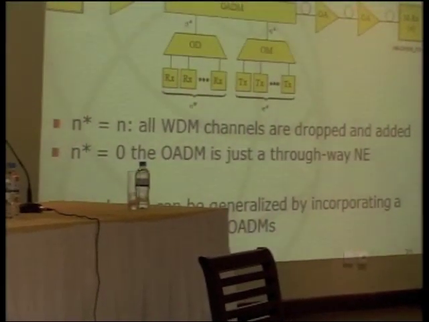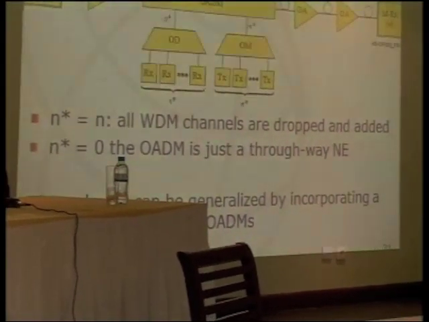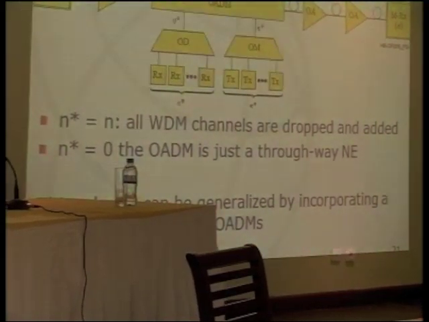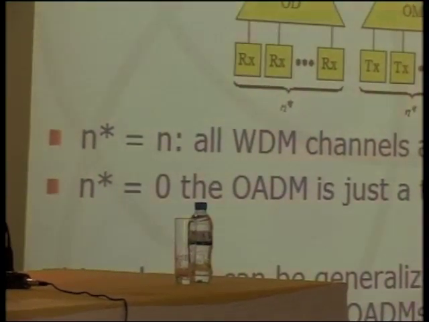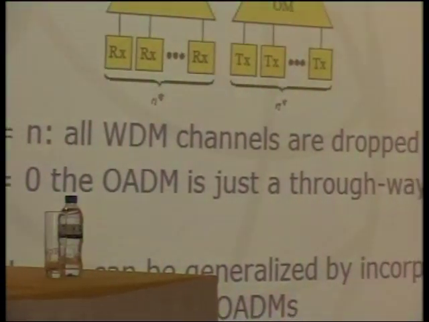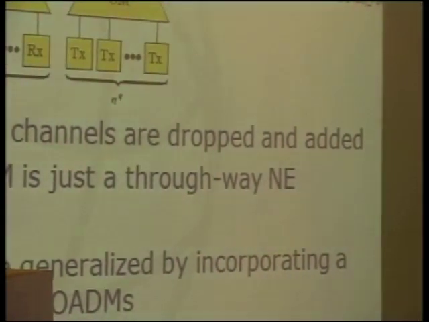Of course, as I told before, we can put a lot of optical add drop multiplexers along the link and in the network. Please note that if all the lambdas are extracted and all the lambdas are inserted, the optical add drop multiplexer turns out to be a line terminal, a transmitter, or a receiver.